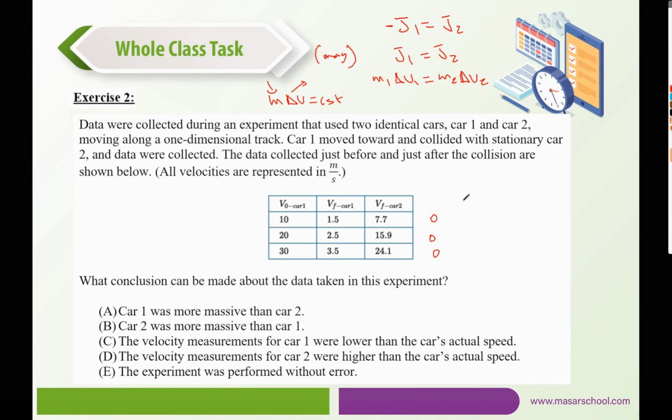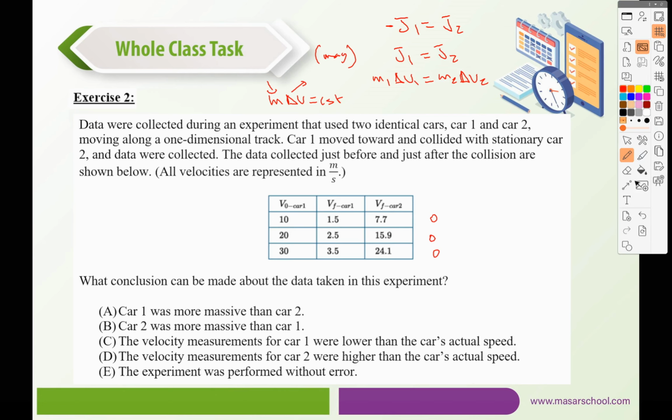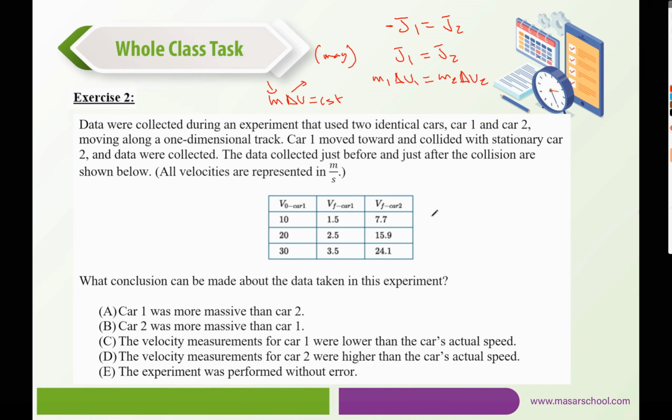Now here, if you notice carefully, we can calculate delta v for each car. So delta v here in this case, what do we have? It's 7.7 because the initial speed is 0. So delta v for car 2 would be 7.7, 15.9, 24.1, and for the first car would be given by 10 minus 1.5, which is 8.5, and that would be 17.5, and that would be 26.5 if we do the difference.